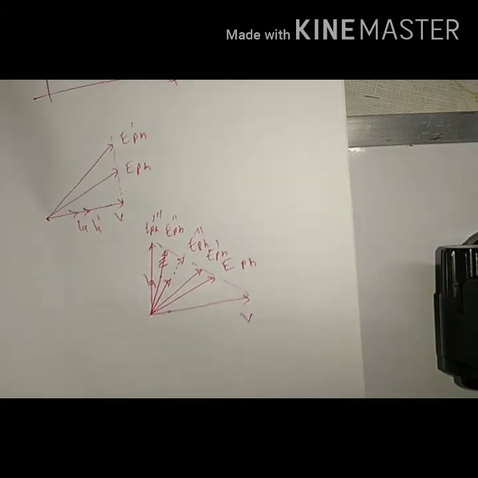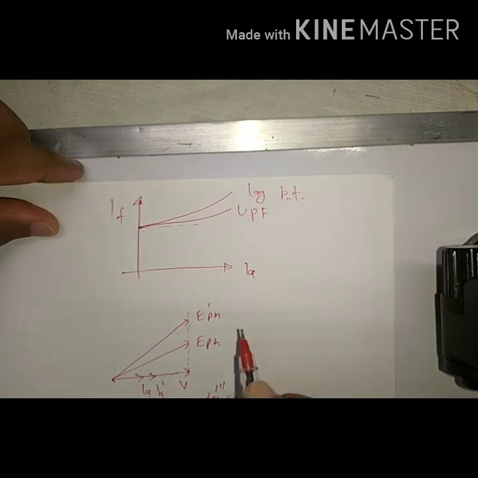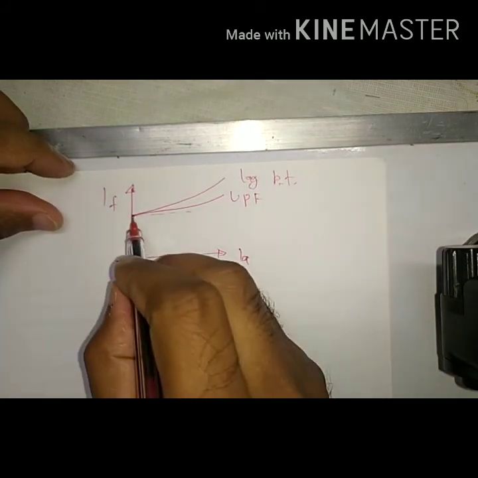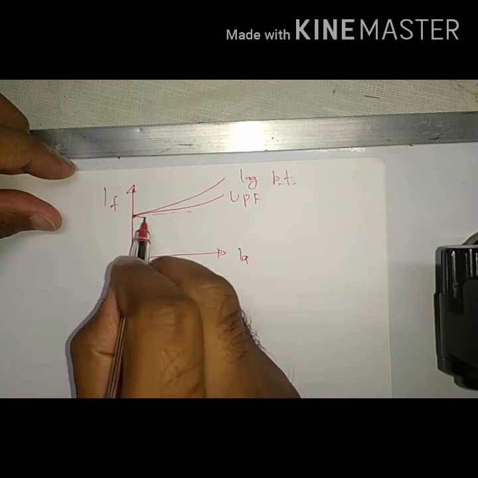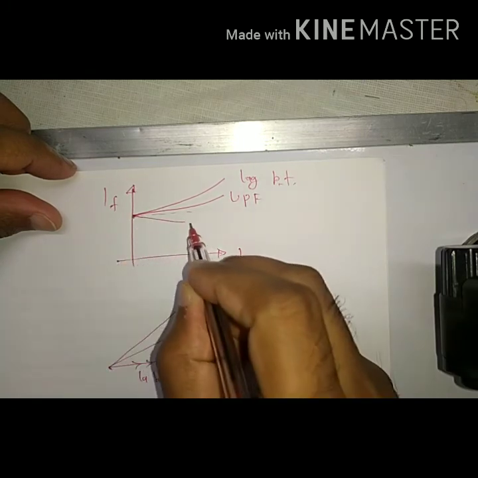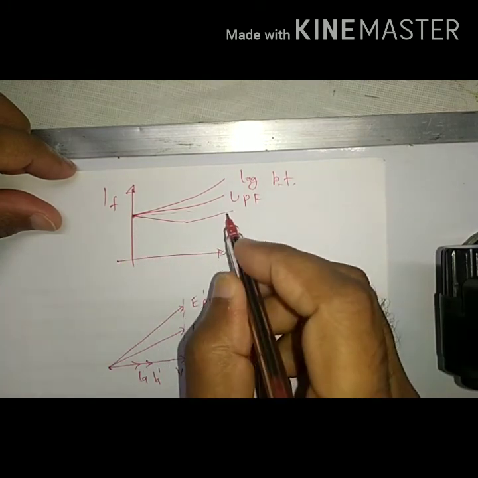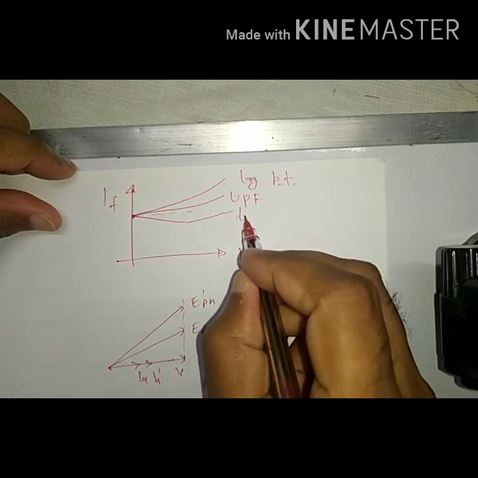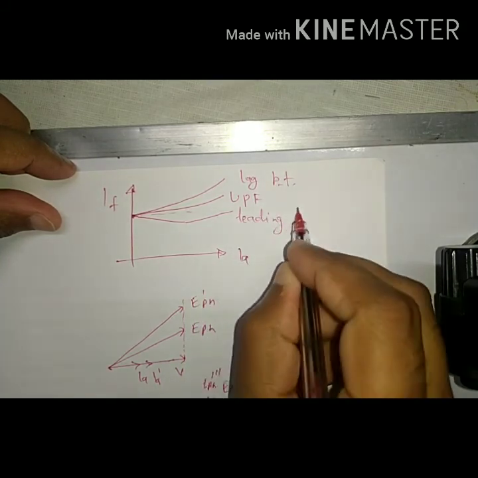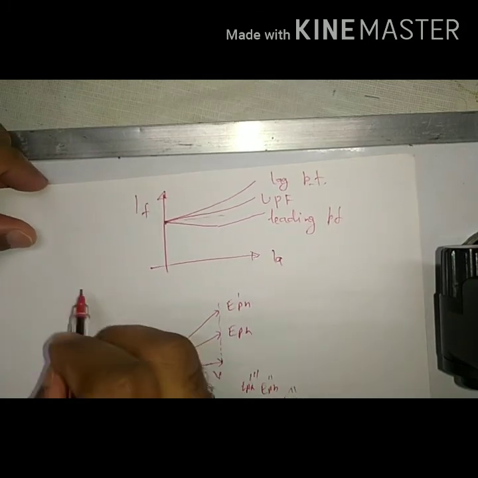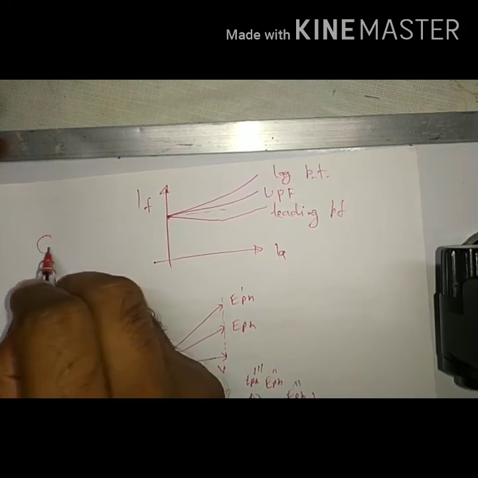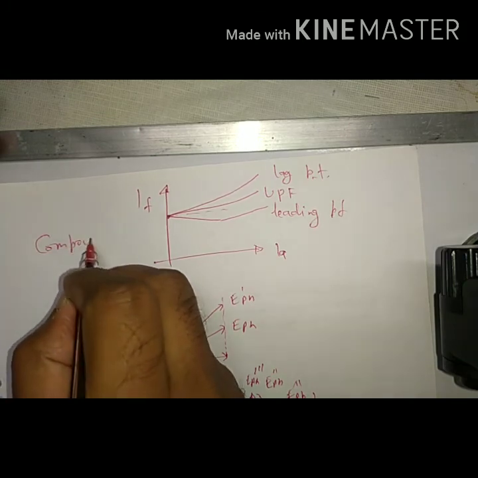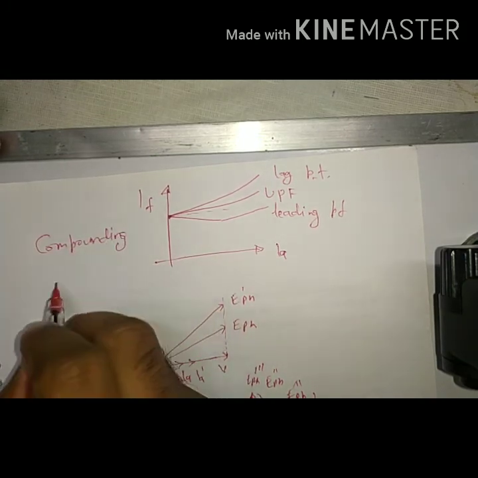So its nature will be like this. Excitation is decreasing up to a certain limit and after that it has to increase. This is for leading power factor. This is known as the compounding curve.